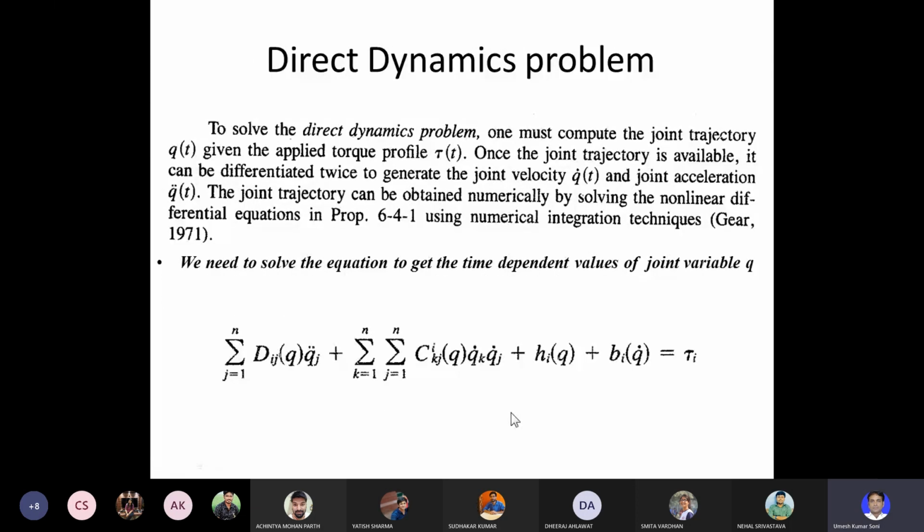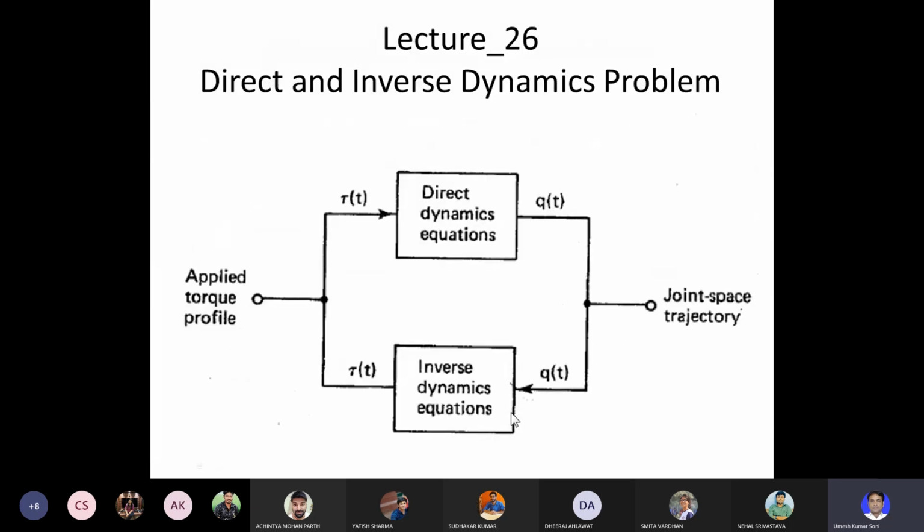Okay, now the inverse problem. In the inverse problem, suppose we have a given joint space trajectory to accomplish any particular task. We need to determine the required torque at the joints.